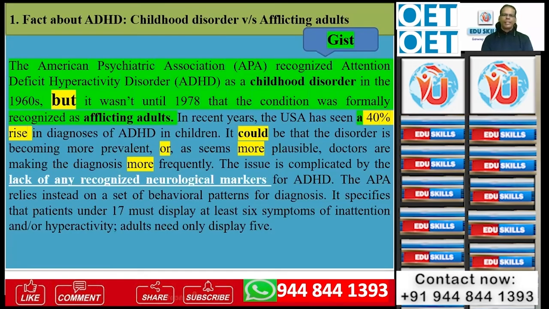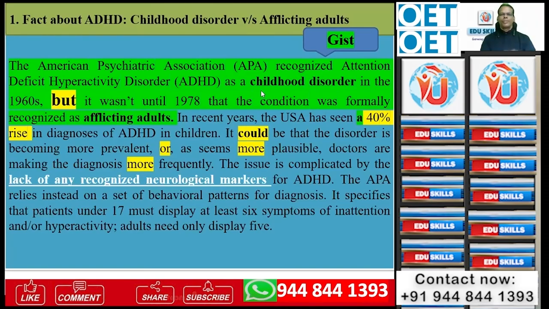The issue is complicated by the lack of any recognized neurological markers for ADHD. It means neurological markers or symptoms are not very clear. So what happens? We have to rely upon subjective symptoms or some hearsay, as it's not very sure what the symptoms exactly are. I don't want to go into detail, but look at the thesis statement or main sentence, which I highlighted with green.